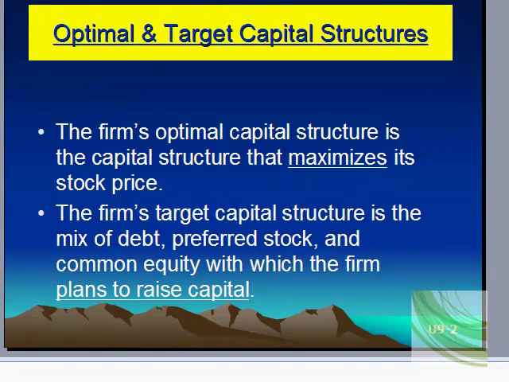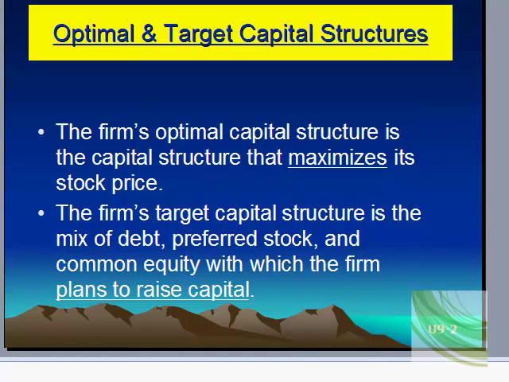So let's begin. A firm's optimal capital structure is basically the one that maximizes stock price. It's a mix of debt, preferred stock, and common equity, which is the best way to maximize shareholder value at the least cost.